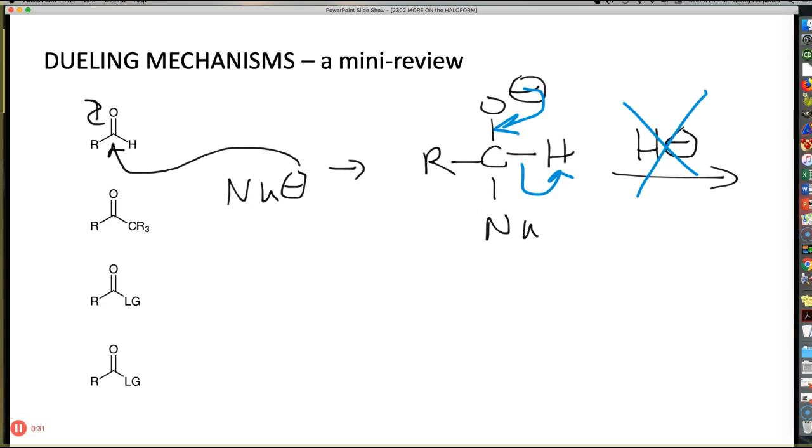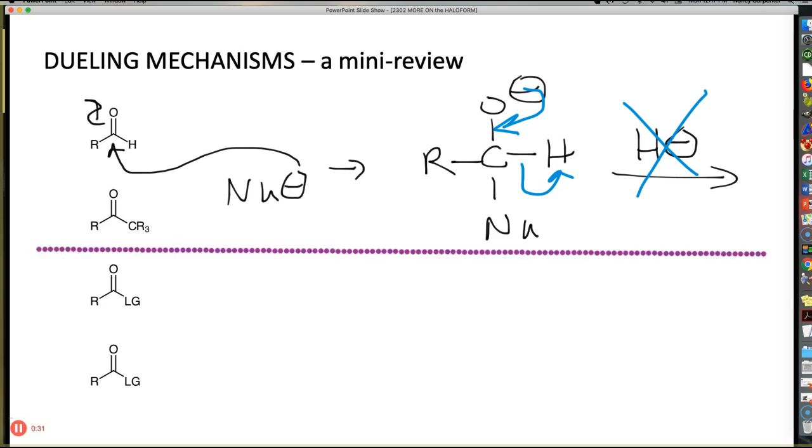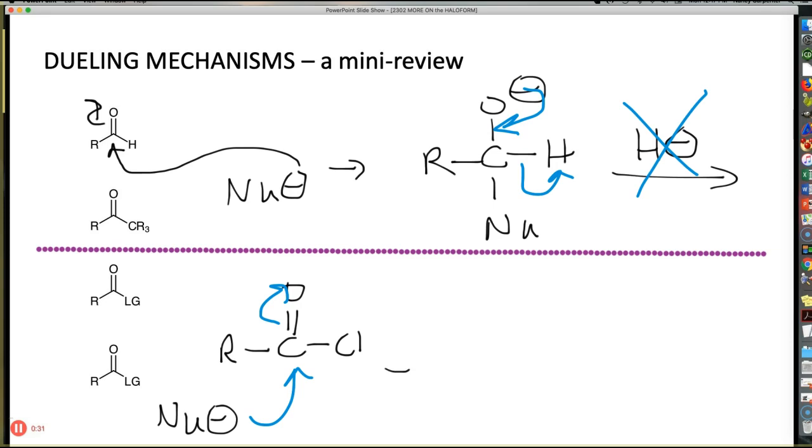Whereas down here, when we're looking at chapters 20 and 21, if we have, say, an acid chloride and my nucleophile attacks, again I get the tetrahedral intermediate.